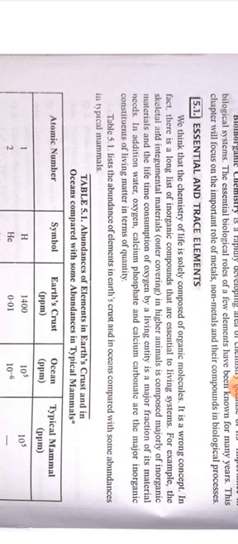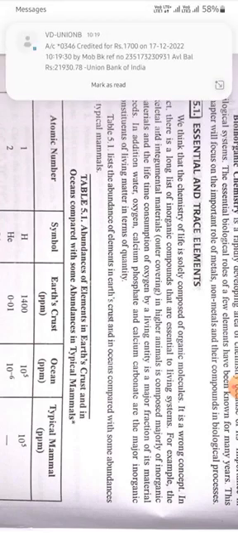We think that the chemistry of life is solely composed of organic molecules. It is a wrong concept. In fact, there is a long list of inorganic compounds that are essential to living systems.